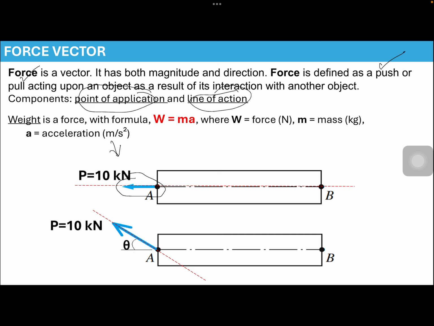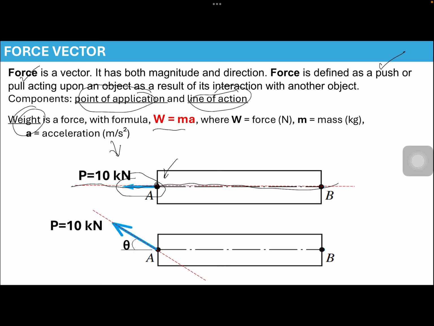So makikita nyo, meron siyang point of application sa point A and meron siyang line of action, this red dashed line. And then weight is a special type of force since ito yung mass acted upon by the gravitational force.